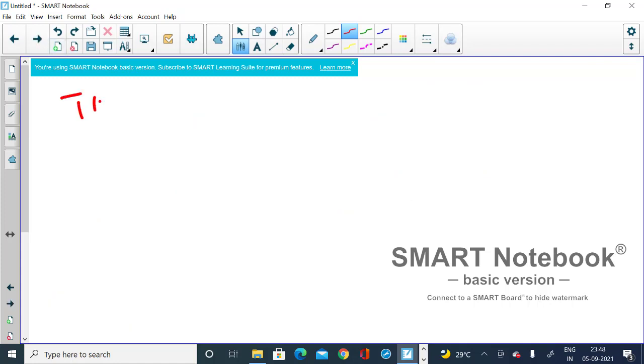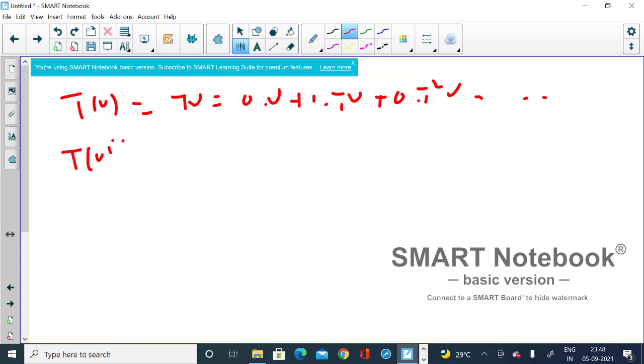So T on v is nothing but 0 into v plus 1 into Tv and 0 into T squared v and so on. Similarly, you can write every element: T of T^i of v, this is a basis vector, will be T^(i+1) of v, right?